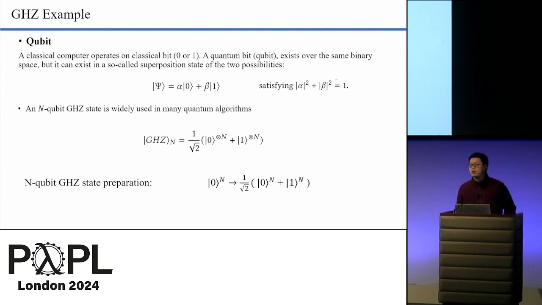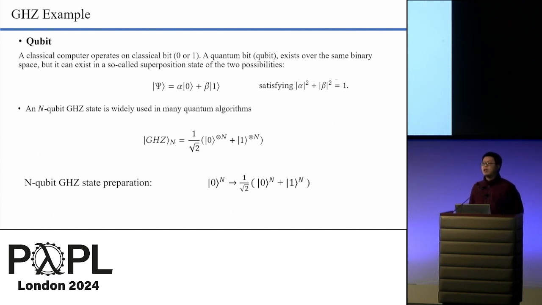In quantum computing, there is also a similar concept named the quantum bit, abbreviated as qubit. The qubit can also be 0 or 1. The difference is that it can exist in a so-called superposition state. It means that it can be a superposition of the state 0 and the state 1. And being a superposition means that when we measure this qubit, it has the probability of alpha squared to be 0 and the probability of beta squared to be state 1.